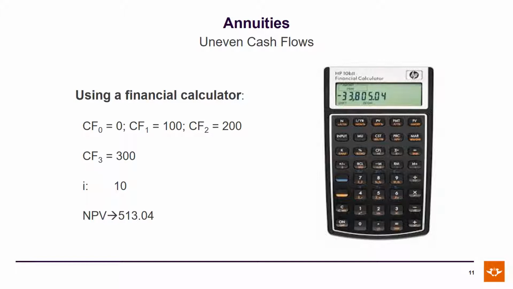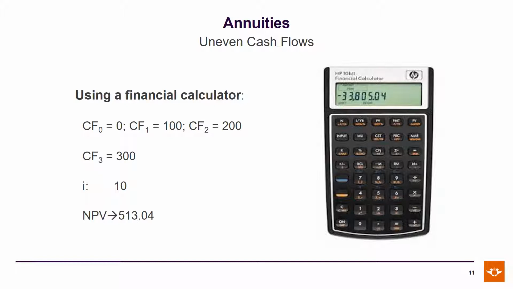You put 100 for cash flow 1, 200 for cash flow 2, and 300 for cash flow 3. For your interest rate, you input 10 for I/Y. And if you looked at the second row from the top and second button from the left, you'd have to press the orange arrow to find your NPV.